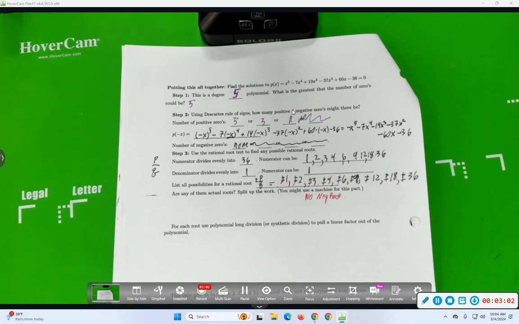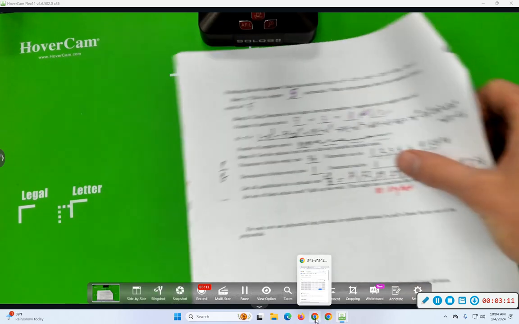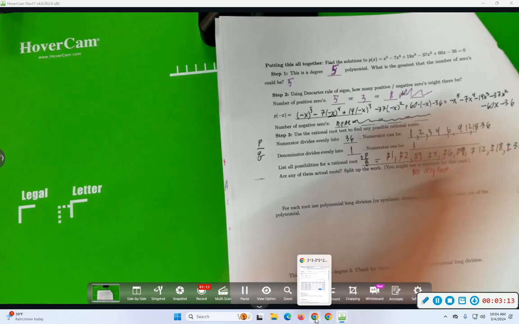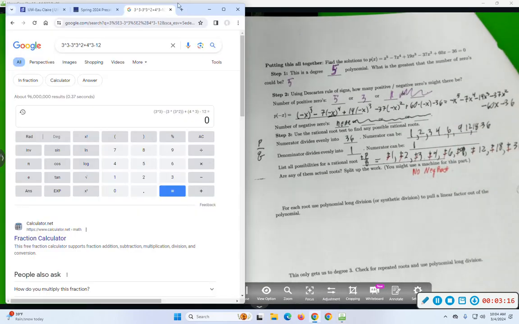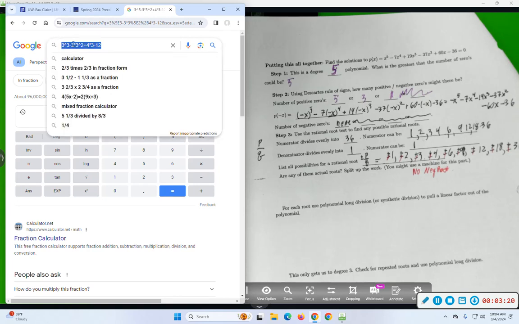So, I'll test x equals 6, and if you're unsure as to what I'm asking you to do, here's what I'm asking you to do. I'm going to take the polynomial that I'm studying, and I'm going to plug in x equals 6.